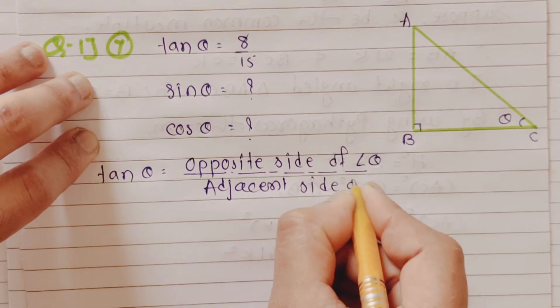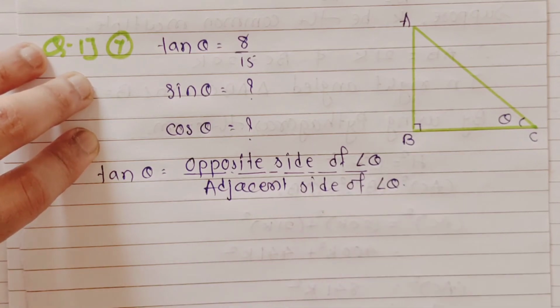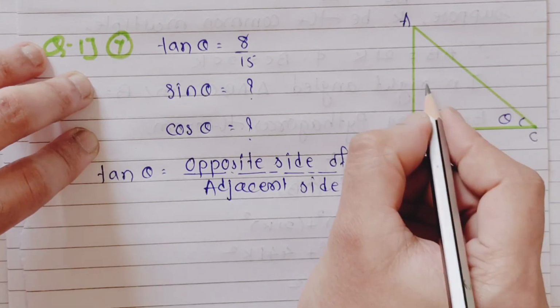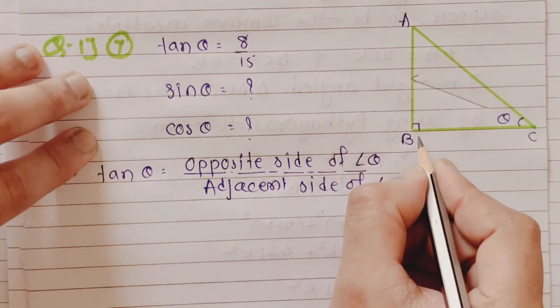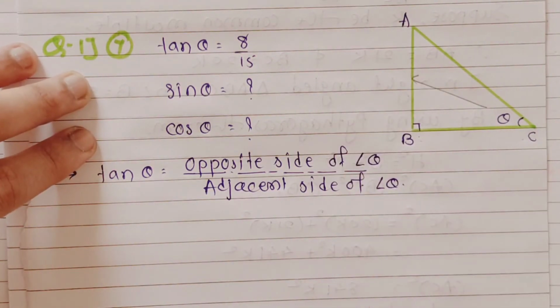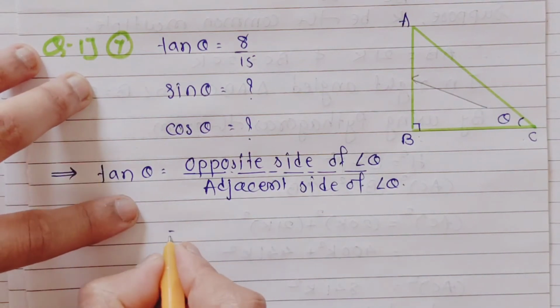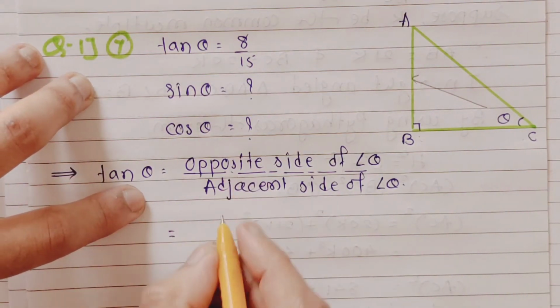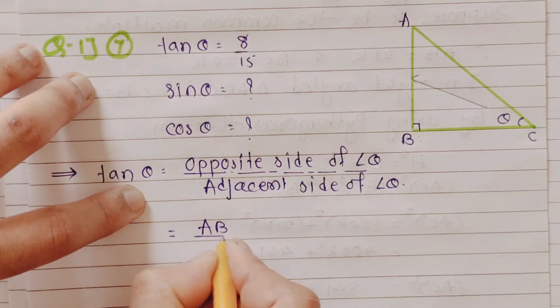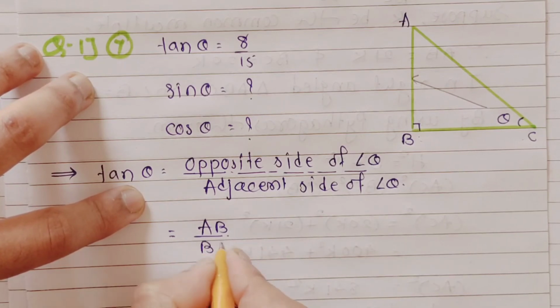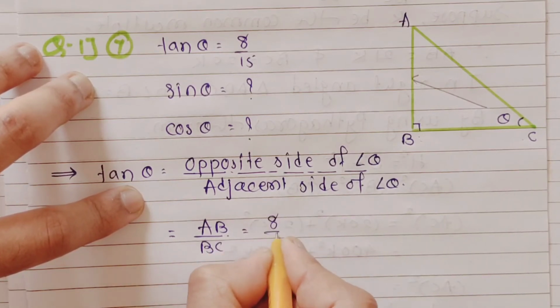For angle theta, opposite side is AB and BC is the adjacent side. So tan theta is equal to AB upon BC, is equal to 8 upon 15.